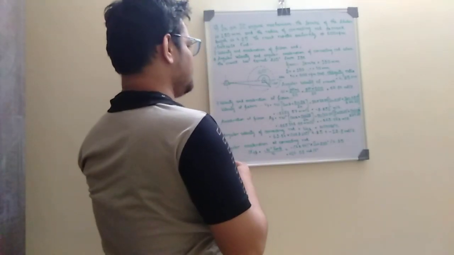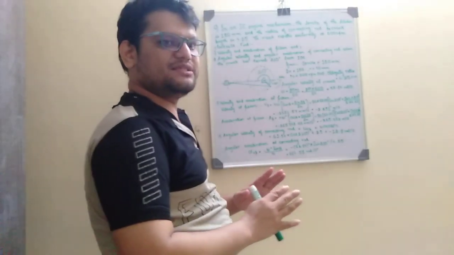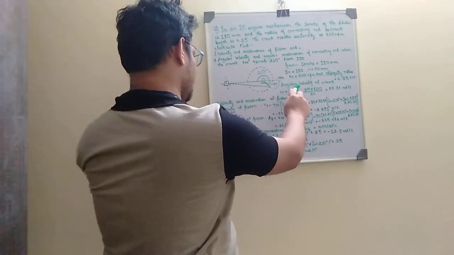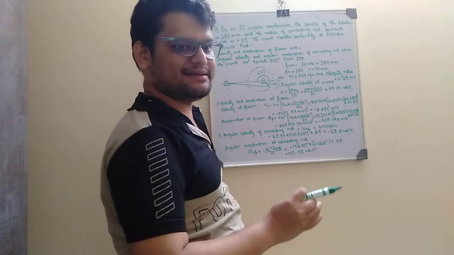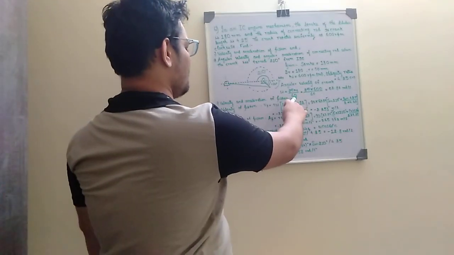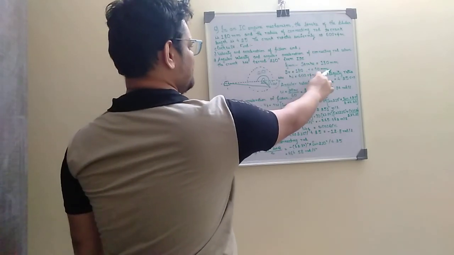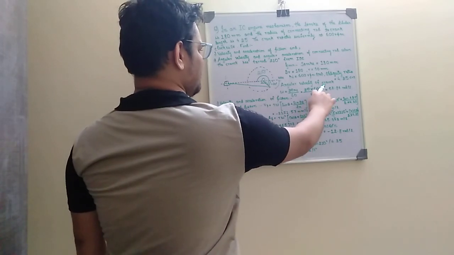Now we have to find the angular velocity of the crank, that is omega. Omega is equal to 2 pi N by 60, a very common formula, even in dynamics of machines, design of machine elements, even electrical machines. We put the value of N, the speed in rpm, 600 divided by 60, which is 10.